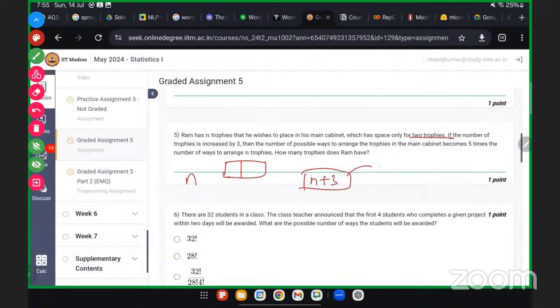becomes 5 times the number of ways to arrange, number of ways, so that is n factorial basically, n trophies.